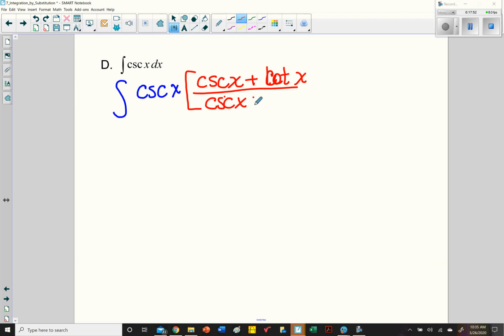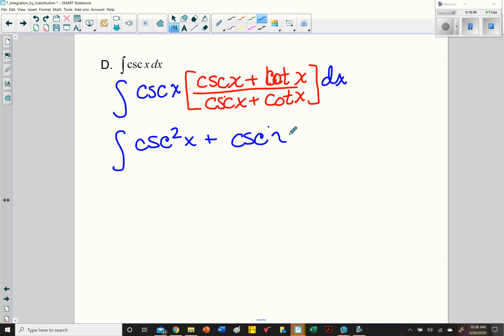Cosecant plus cotangent dx. And then expanding that would give us cosecant squared plus cosecant cotangent, which is the derivative that we would look for. And on the bottom would be cosecant plus cotangent in terms of x.